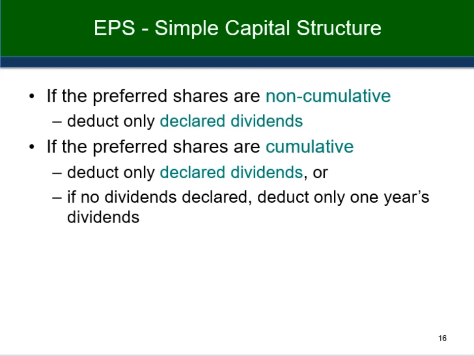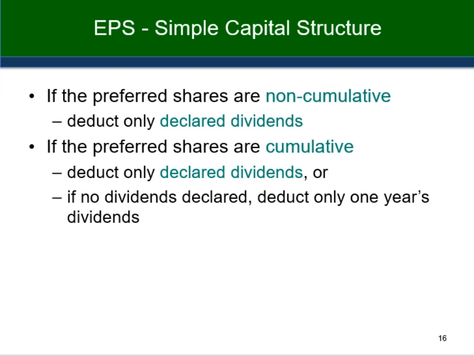Okay, so if the preferred shares are non-cumulative, we would deduct only declared dividends for this period, because in future periods there's no restriction on the amount of common share dividends that we could pay except for that year's preferred dividends. If the preferred dividends are cumulative, then we would deduct only one year's dividends, whether or not they were declared.